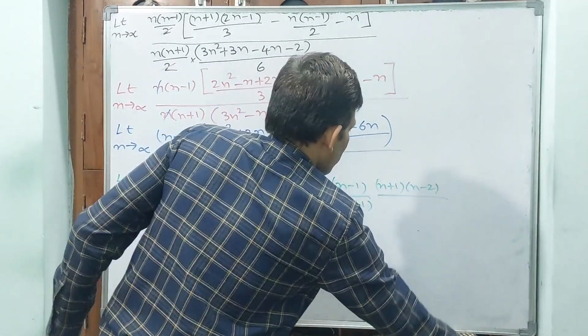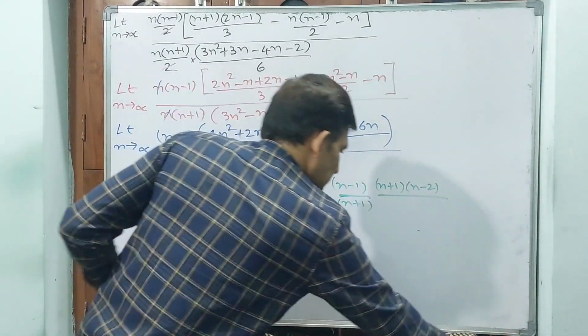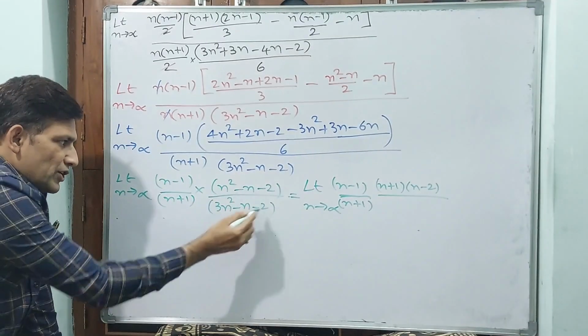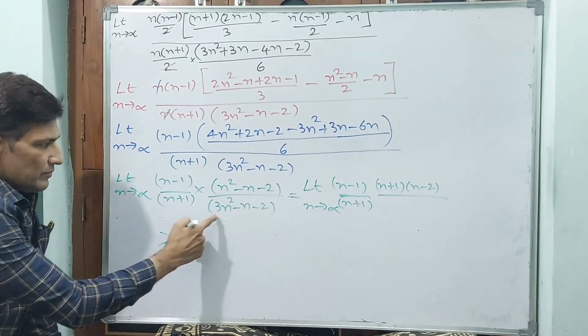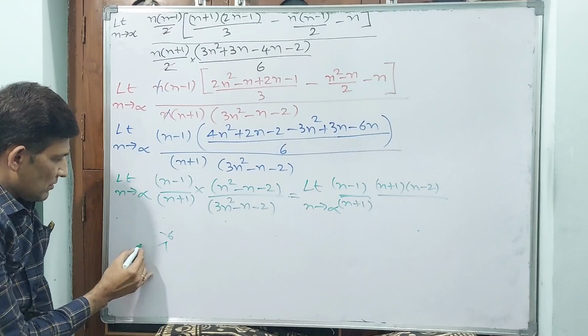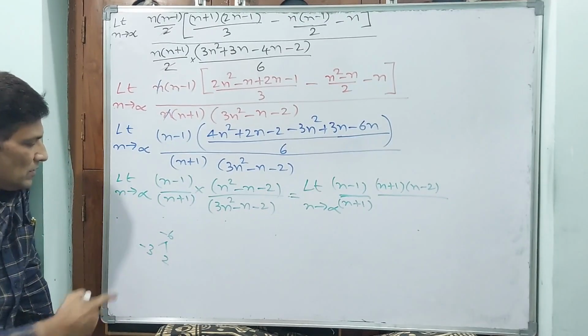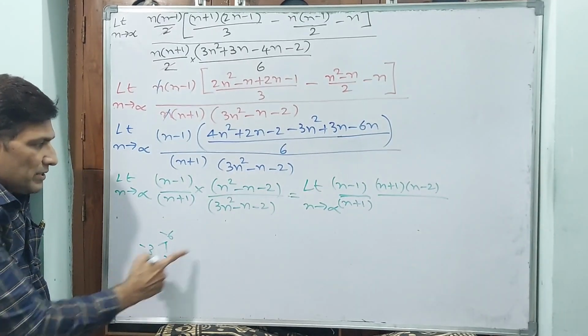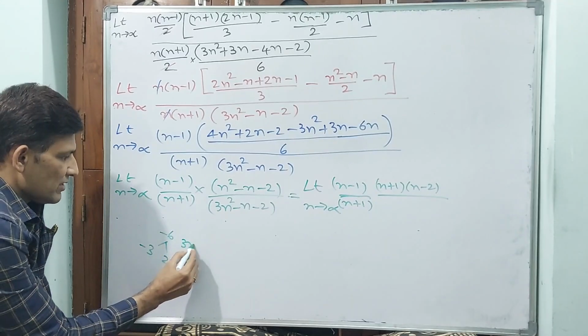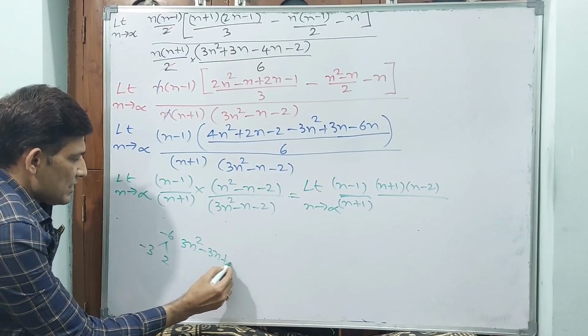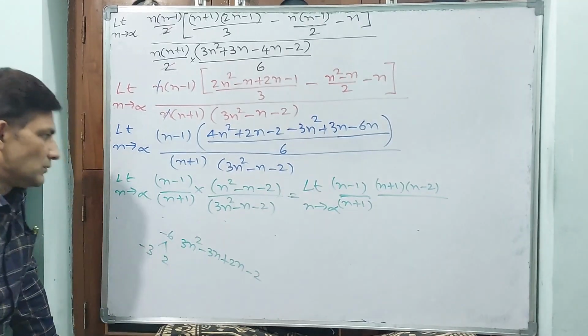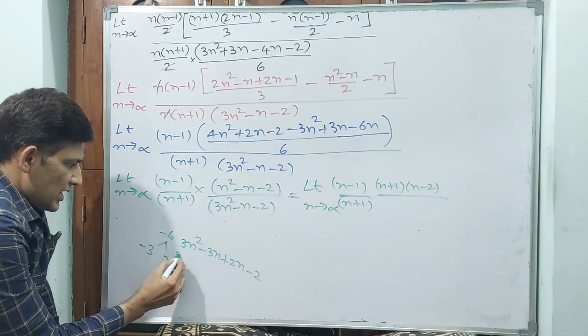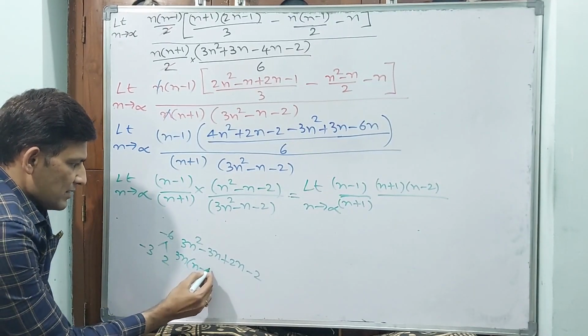This is the case of numerator. Then what about denominator? Denominator: 3 into 2, minus 6, and minus 1 has to come. See, minus 3 plus 2, minus 6, minus 3 plus 2, minus 1. That means 3n square minus 3n plus 2n minus 2. And 3n you can take common, n minus 1.